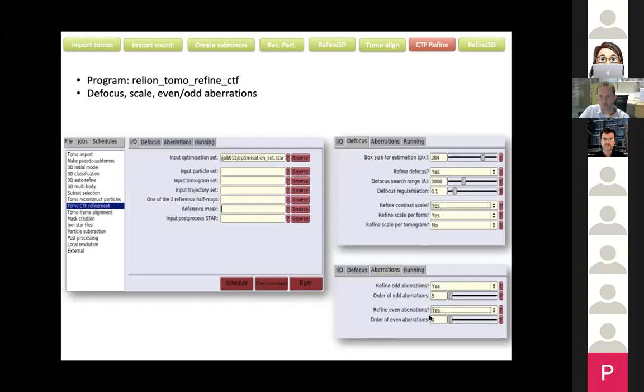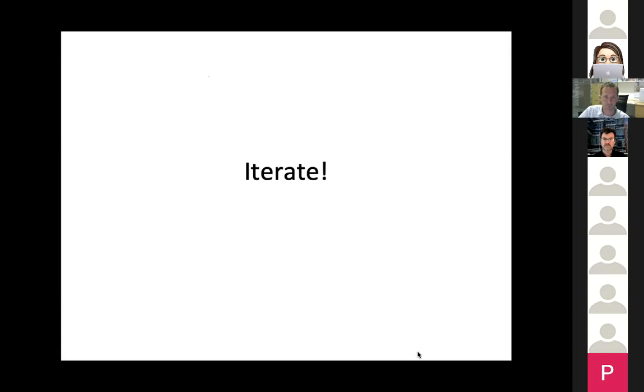Now, for these to really matter, you either have to have a lot of beam tilt, which wouldn't be a good thing, but if you have, then you can correct for this, or you have to have really high resolution in your sub-tomogram average, because otherwise often you don't get to resolutions where this really becomes a problem. But as methods progress, we think that the higher-order aberration correction will gain in importance too.